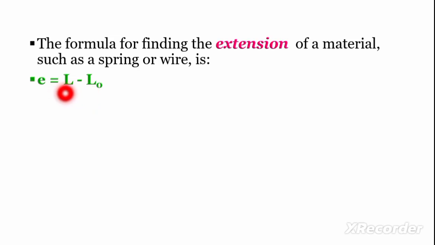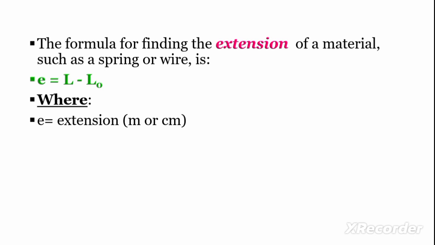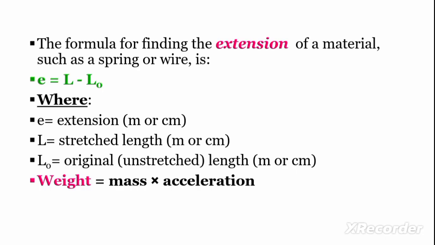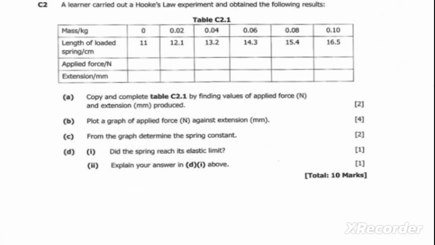So E stands for extension, then L stands for stretched length in meters or in centimeters, then L0 stands for original or unstretched length. Then weight is equal to mass times acceleration.